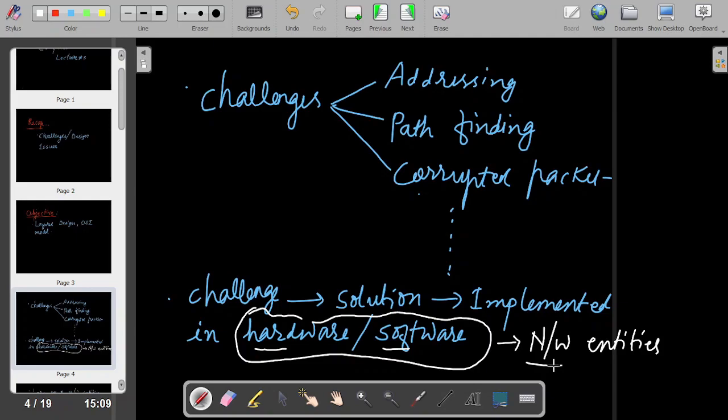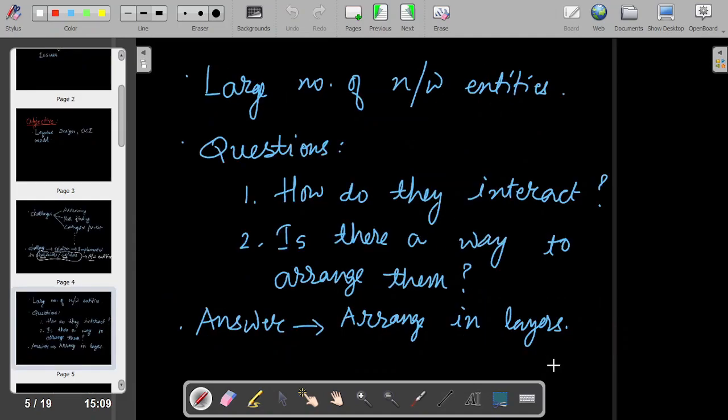When there is a large number of entities, the question is how can we relate these entities? How do these entities interact with each other? I have mentioned the same questions in the next slide.